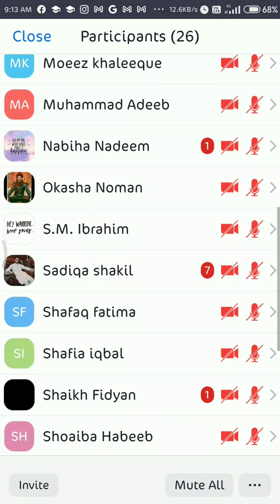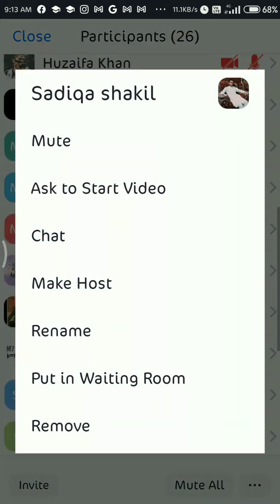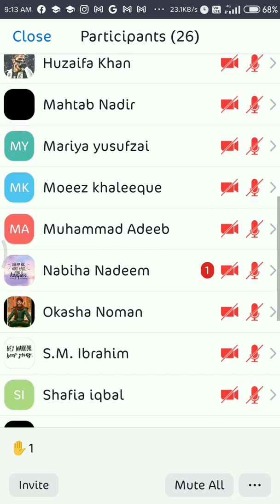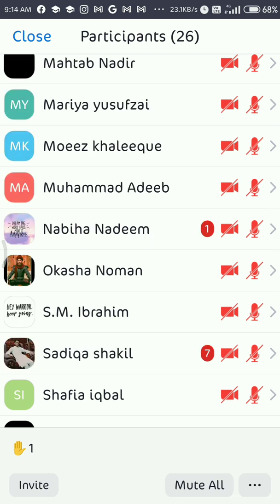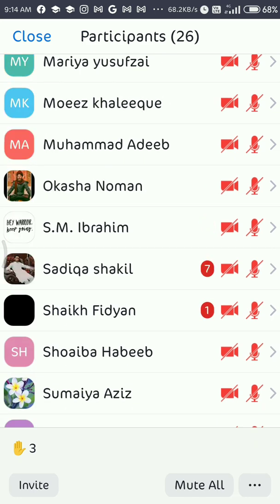Sadiqa, you tell me what's the difference between cutting and layering? I just asked the difference between cutting and layering.